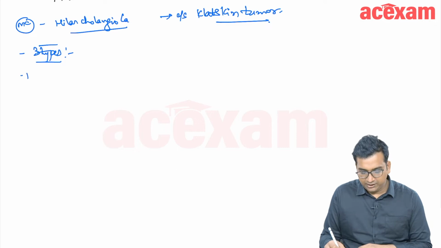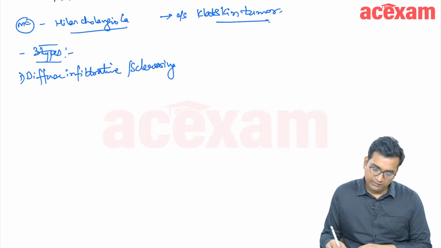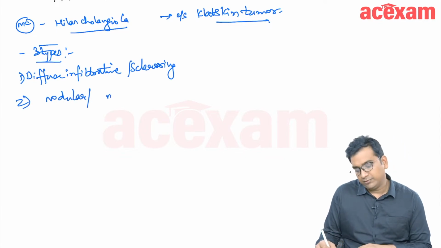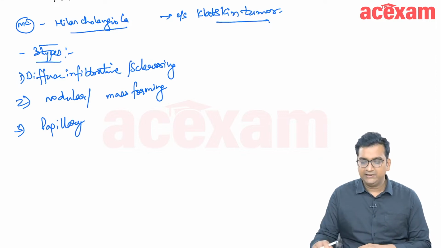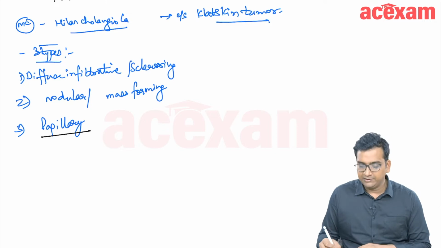The three types are diffuse infiltrative or sclerosing, then nodular or mass forming, and third type is papillary. Among these three types, papillary one is having the best prognosis.